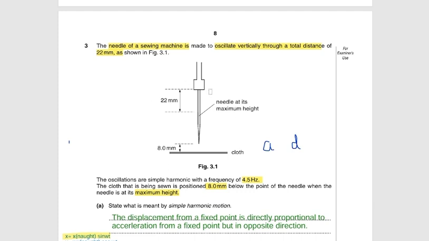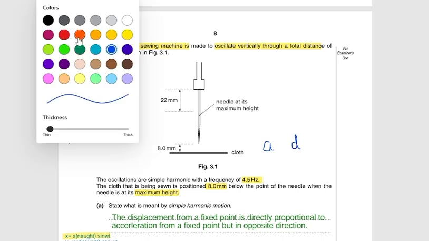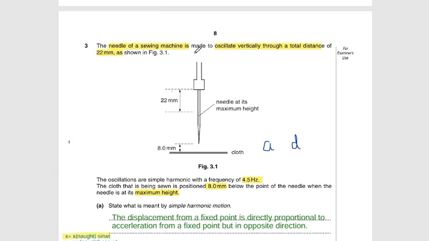If this confuses you, one thing I would suggest to make things easier for yourself is think of it as a wave, because it's easier to see the amplitude when you're dealing with waves. Let's say we have this one wave here. We know this is our amplitude, this is our equilibrium position, and then again this is our amplitude as well.